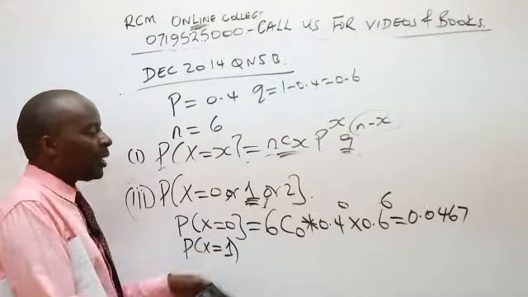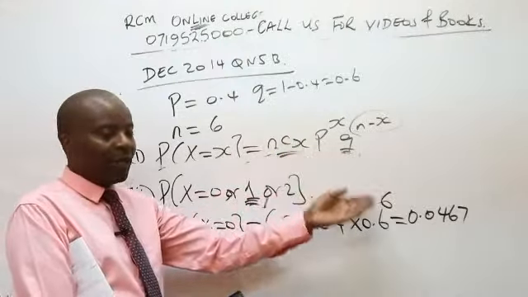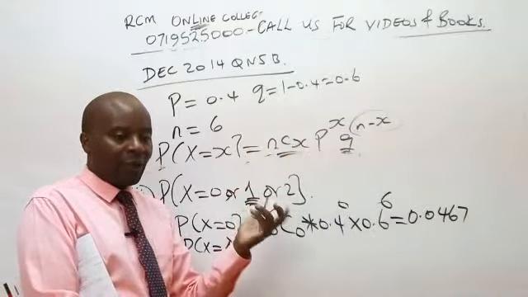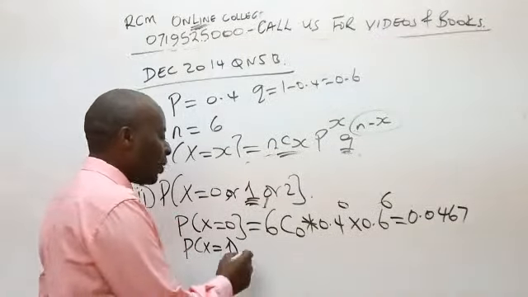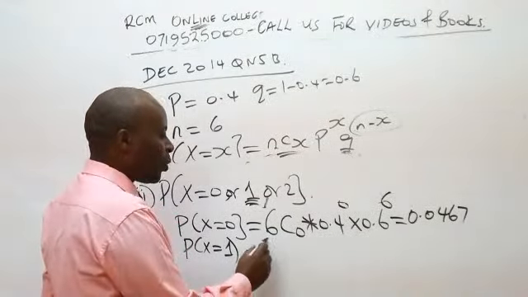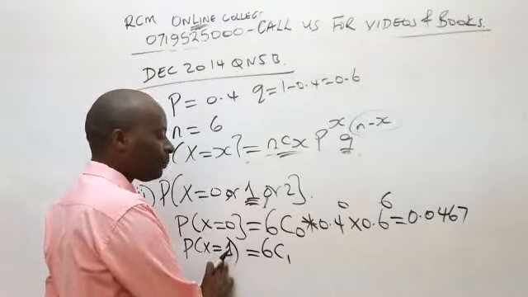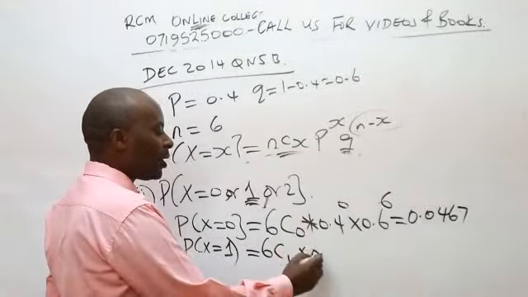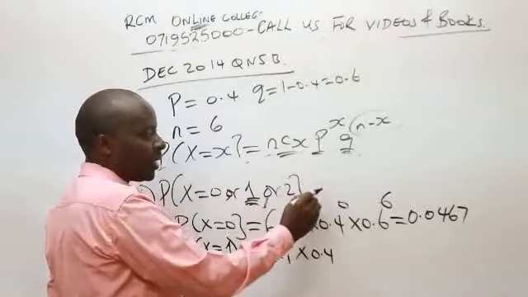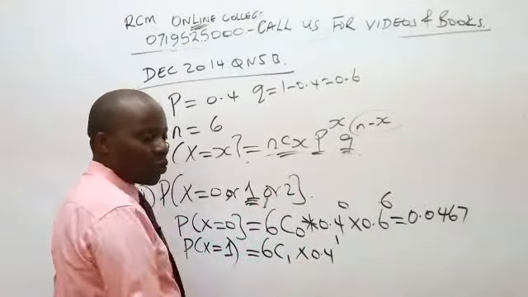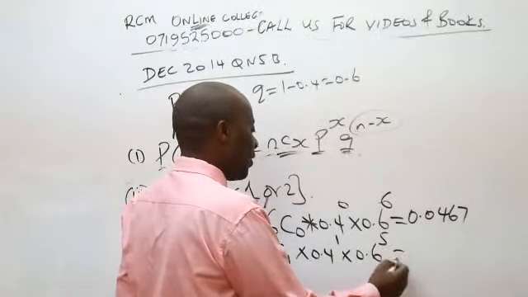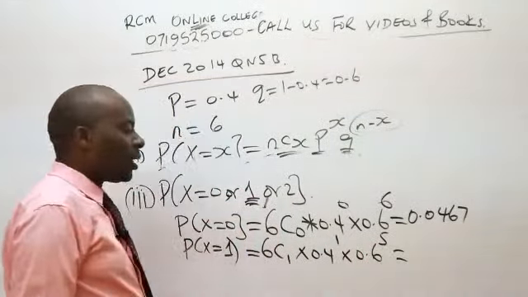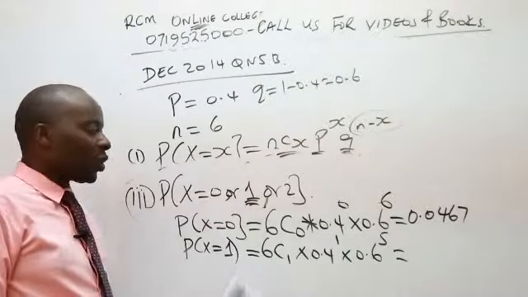Now from there we have probability of X equals 1. I could simply pick the one we obtained earlier and plug it in, but because we are not fighting against anybody's time, I can write it out. So we have 6 combinations 1 times 0.4 raised to X, which is 1, times 0.6 raised to power 5, because the two powers added together will always give us 6.